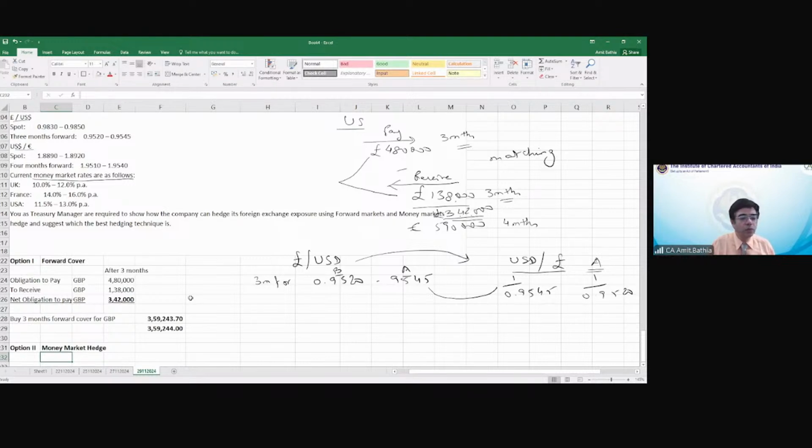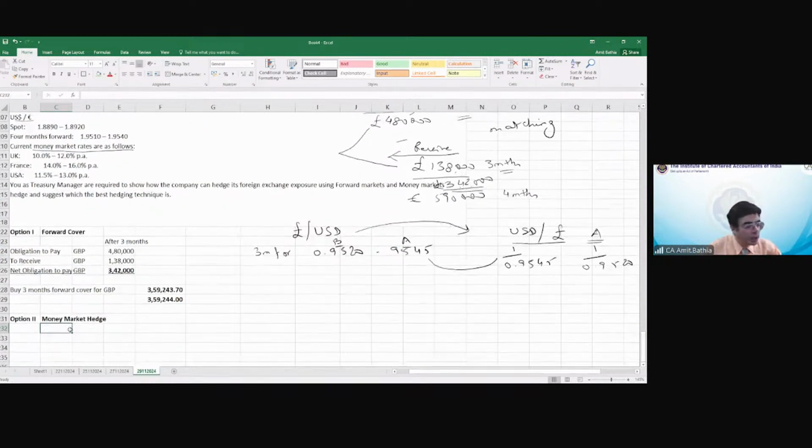What will I need to do? Do you remember what we did in the previous lecture on money market hedge? How do we create a money market hedge? So first of all, borrowing in GBP.